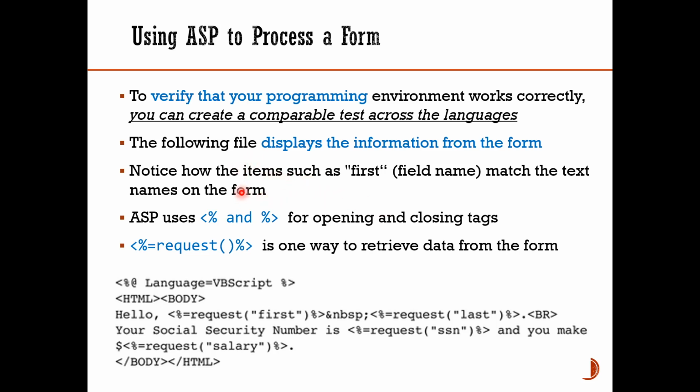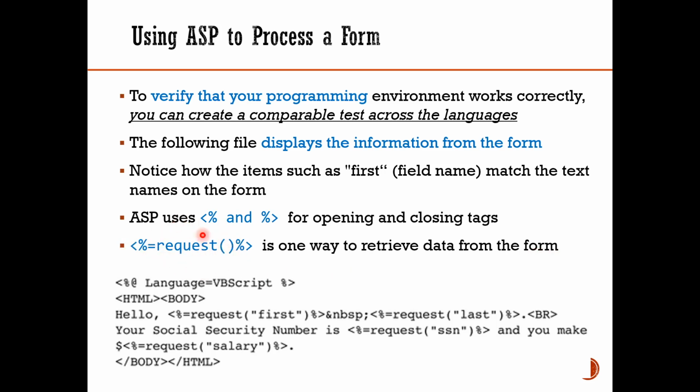All right. So when you talk about ASP here, ASP handles the form in a specific way. It uses this kind of brackets and ampersand for opening and closing tags, as you can see here. These data are being transmitted, being carried using this kind of form. So this is one way of retrieving data from the form, by using bracket ampersand equal to Request.